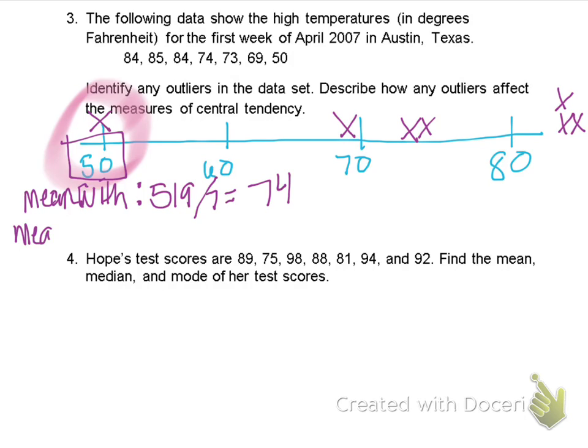And then the mean without, the W/O means without, the total is 469, but this time I'm only going to divide by 6 because I took out the 50, I took out one number, and that equals 78. So you can see that it goes up 4. So it's 4 degrees, since we're talking about temperature, higher.